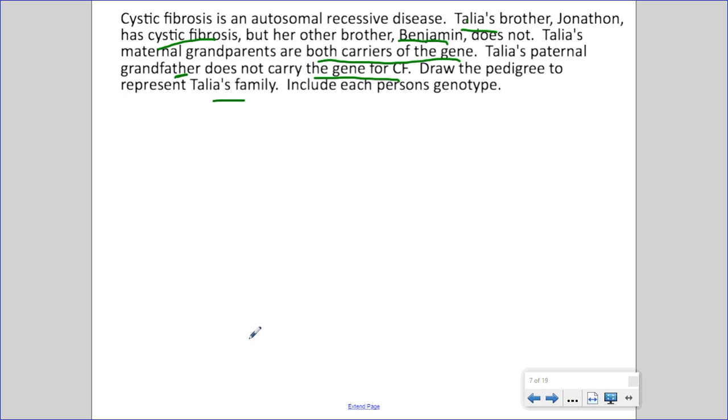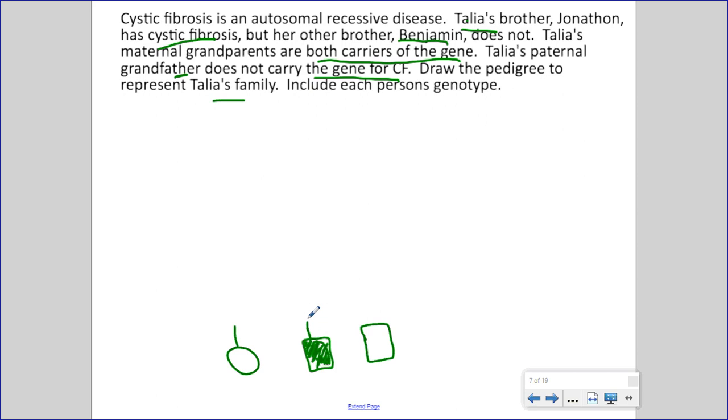We can assume that Talia does not have the disease, even though it doesn't expressly say. Talia's brother Jonathan does have the disease, so we'll draw a square that is shaded in. And then we're told her other brother Benjamin does not.